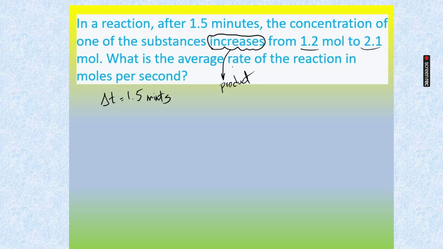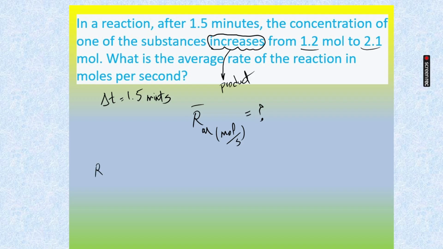What is the average rate? It's looking for the average rate for X. We don't know what that is, but the unit is mole per second. We are looking for this one. Okay, let's get started.